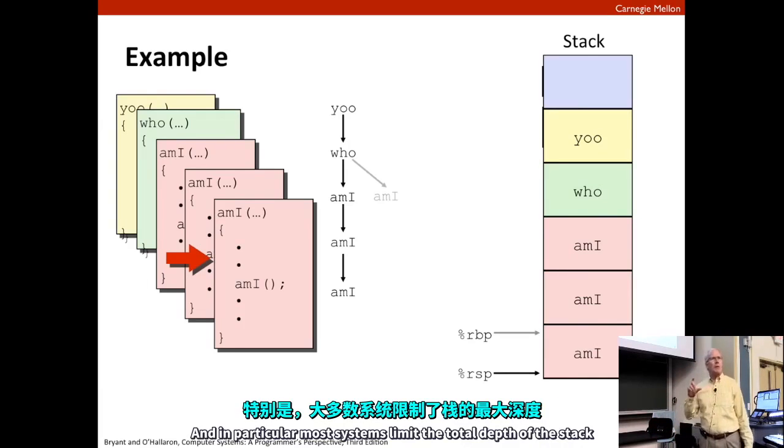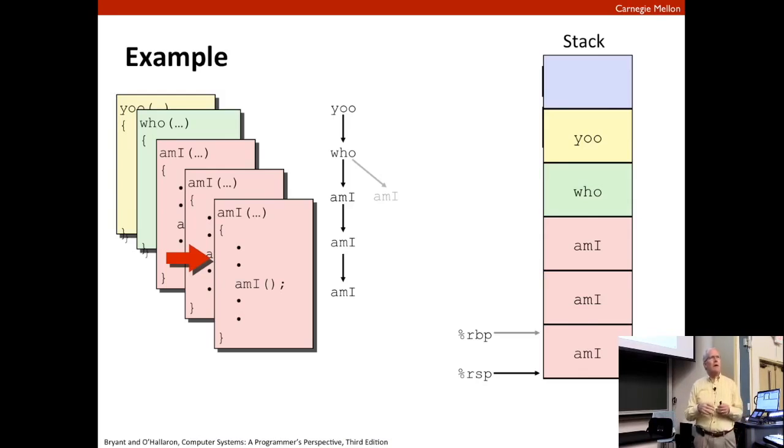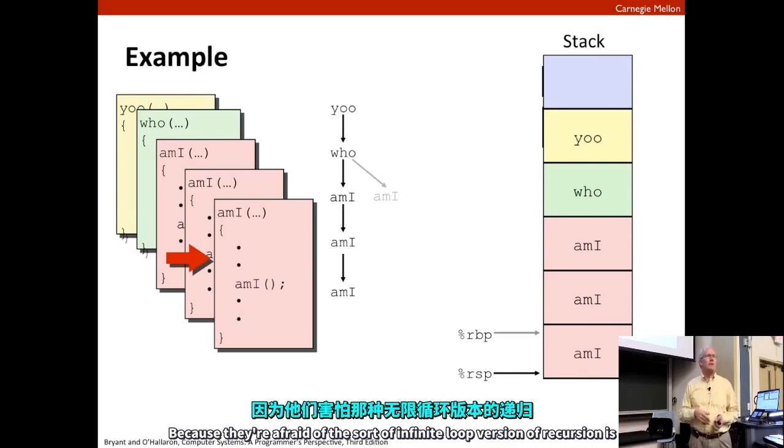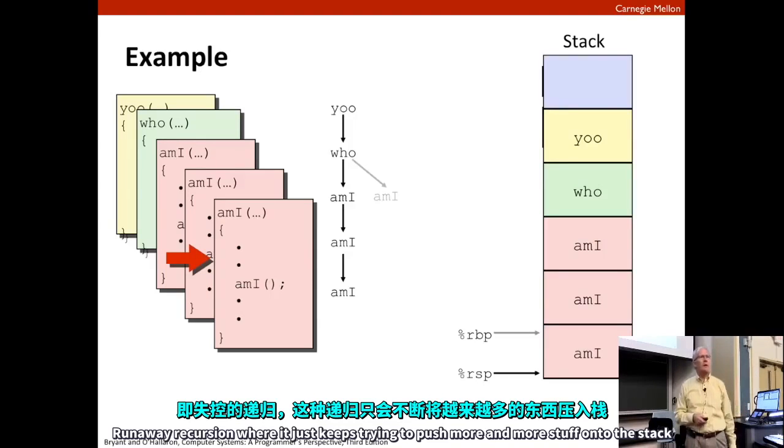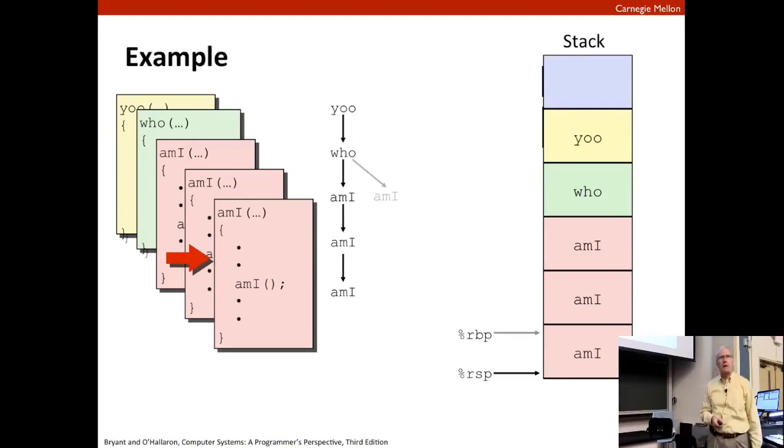And in particular, most systems limit the total depth of the stack, because they're afraid of the infinite loop version of recursion, runaway recursion, where it just keeps trying to push more and more stuff onto the stack.